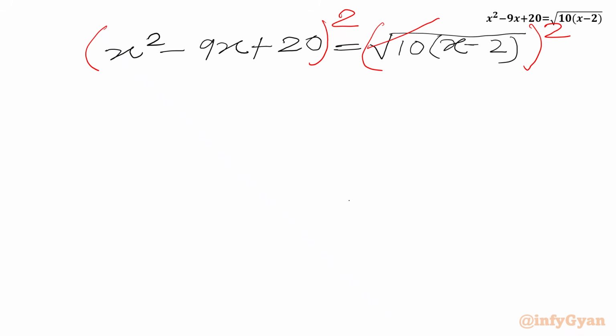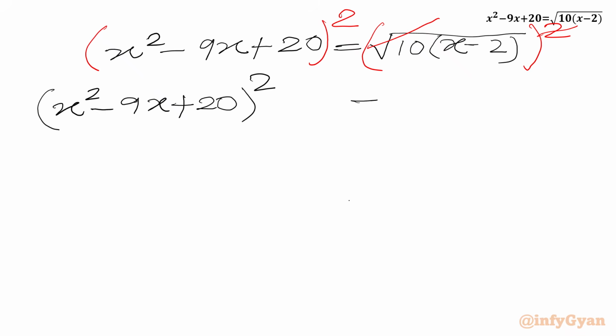The square root and square will get over from the right hand side. So we can write x squared minus 9x plus 20 whole square. This should be equal to 10x minus 20.